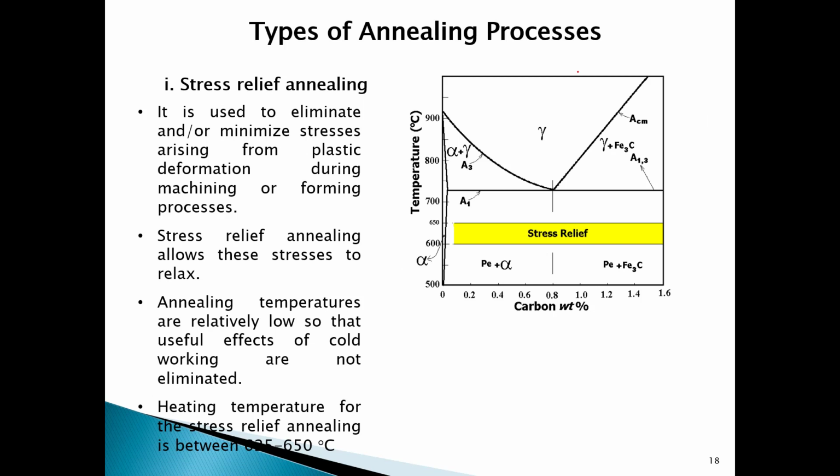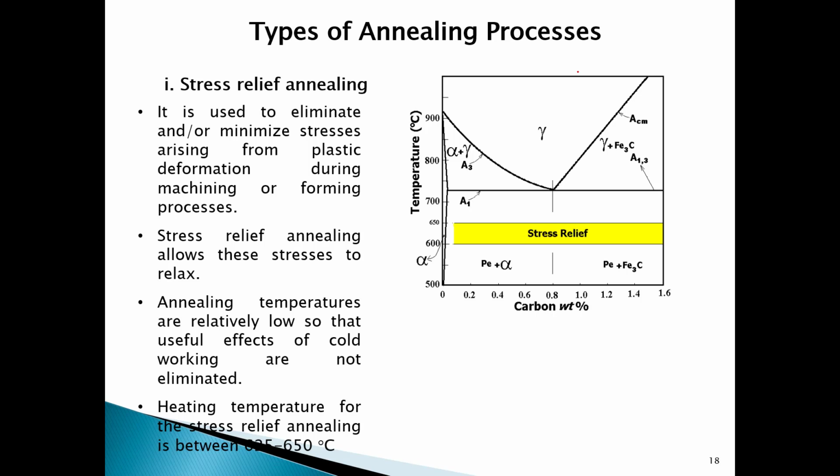Now we will see the types of annealing process. First one is stress relief annealing. It is used to eliminate or minimize stresses arising from plastic deformation during machining or forming processes. Stress relief annealing allows these stresses to relax.